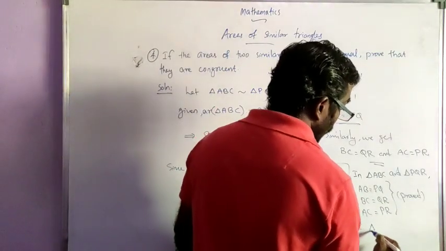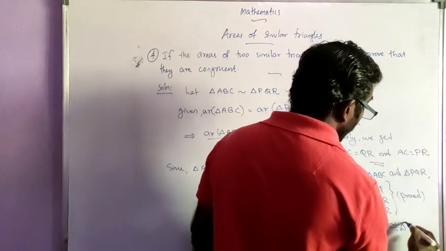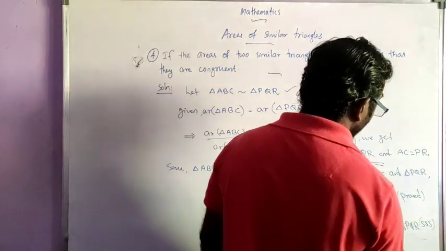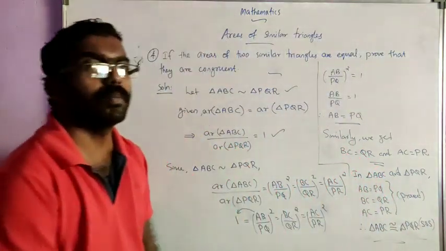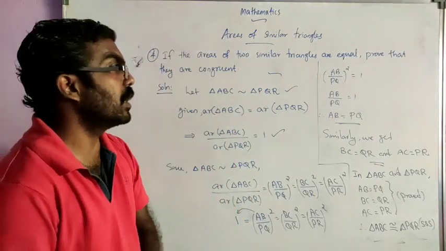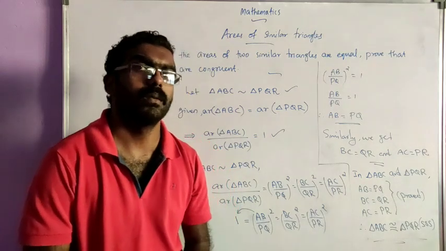Therefore, triangle ABC is congruent to triangle PQR by SSS congruence rule. Okay, the proof is over. So, if the areas of two similar triangles are equal, then what can we conclude? The two triangles will be congruent. Okay.